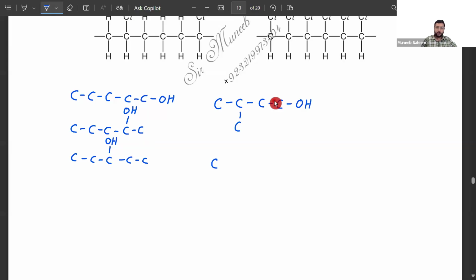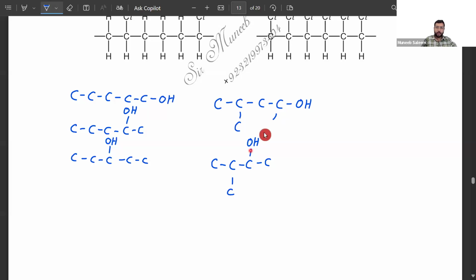Now another similar backbone of the carbon atoms, just like before. This time I will put OH over here. These two are different types of isomers. They are not the same, they are different isomers.